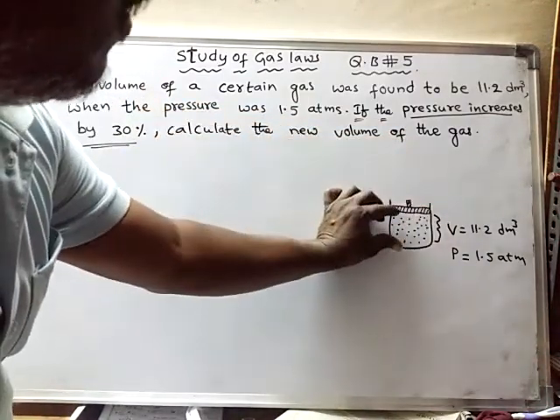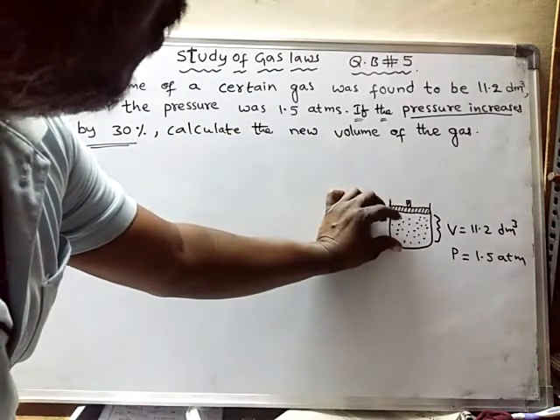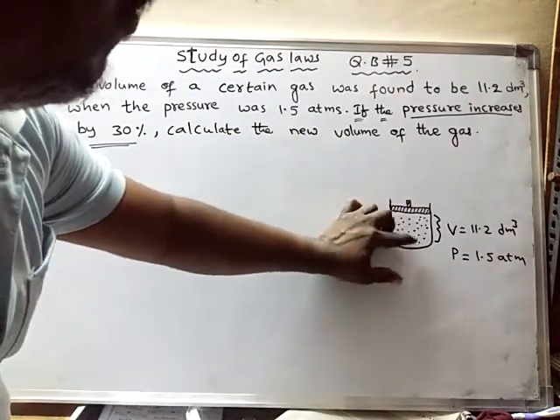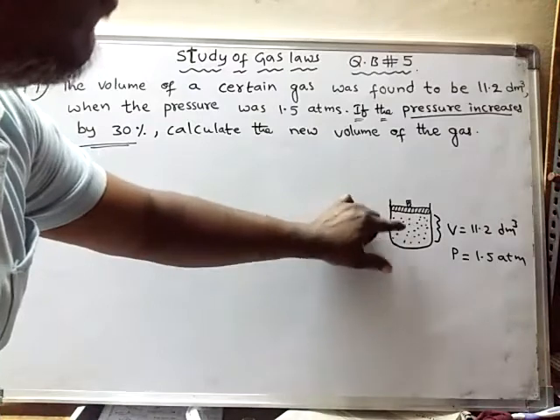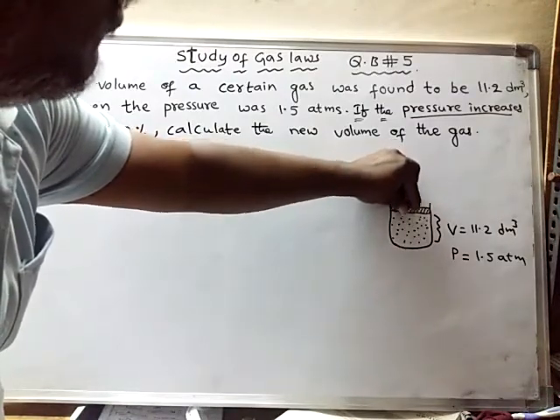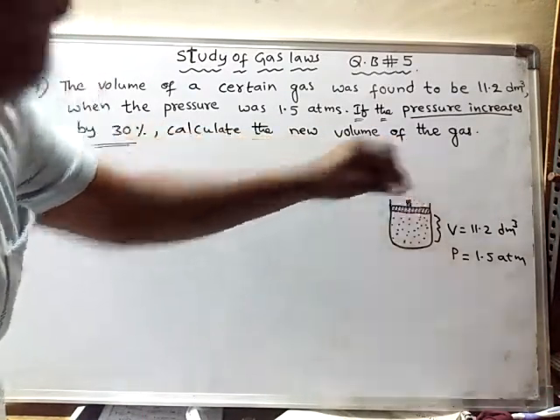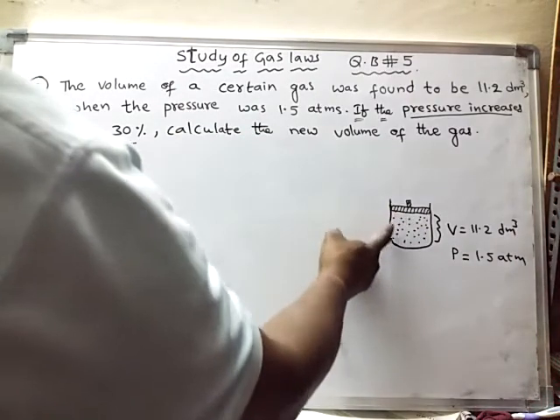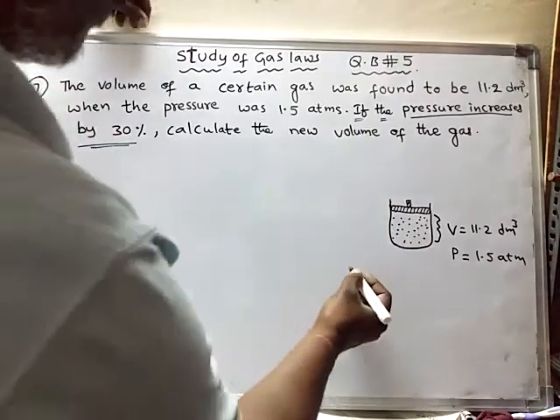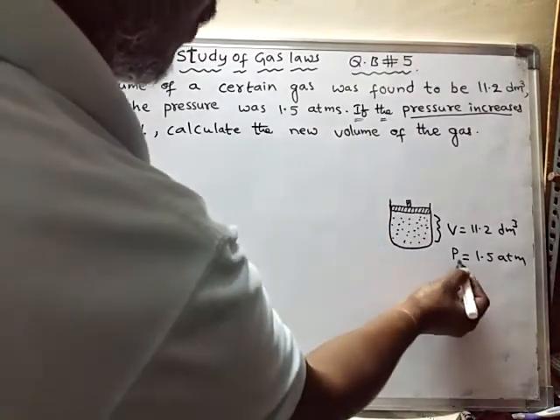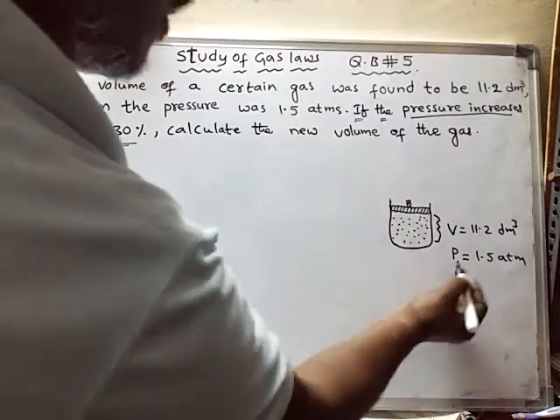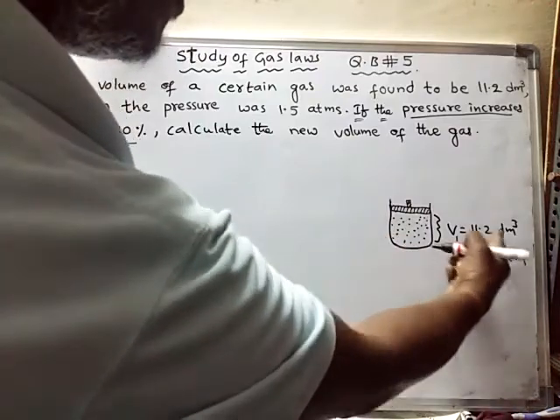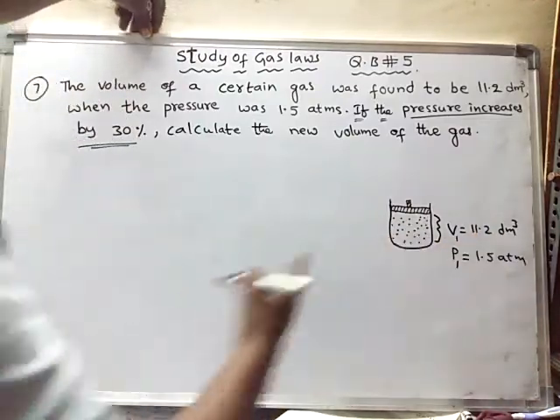What happens? The gas will suffer due to the increase in pressure on it. Suppose P1 is the initial pressure and V1 is the initial volume of this gas.